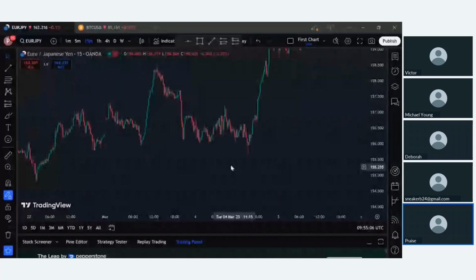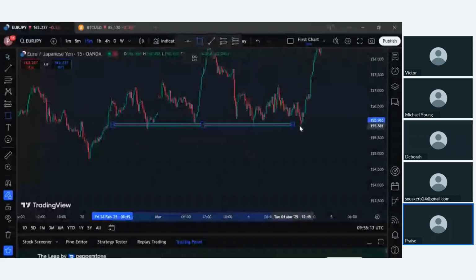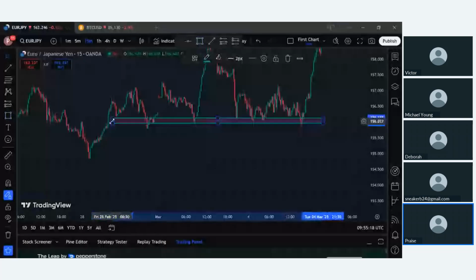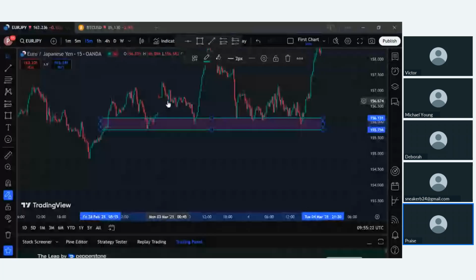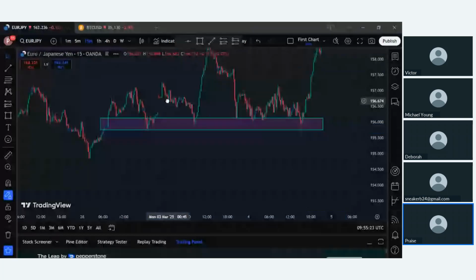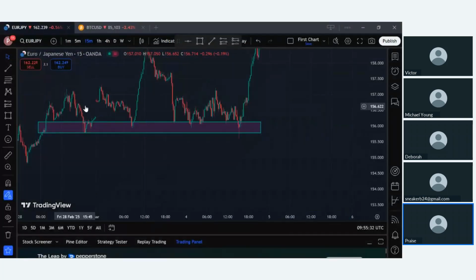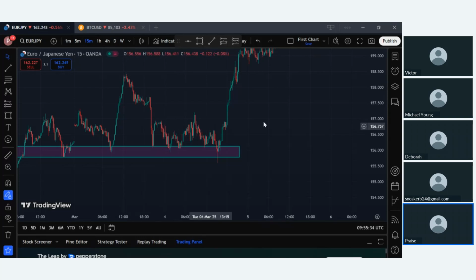You can see from here, there is support in this area. This is a support area, so we can draw all this, and this is our support zone. Every time the market gets to this support, you can see that this is actually a support zone.